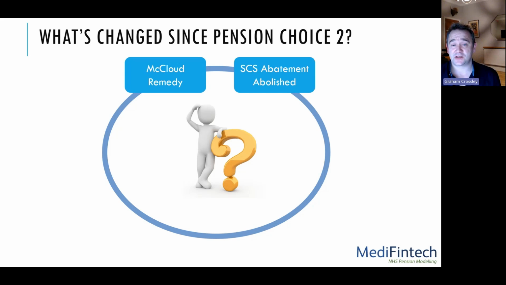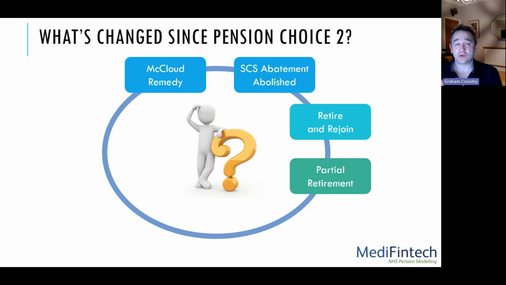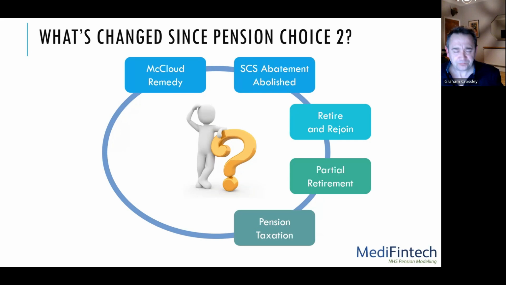If you have special class status, you might have been discouraged from the 95 scheme if you thought, well, I'm going to be working into my 60s anyway. That's all changed. We've seen those new retirement flexibilities introduced into the 95 section, which weren't there before. And we've also had all of these changes to pension taxation, particularly on annual allowance and lifetime allowance. We even have the uncertainty on lifetime allowance.